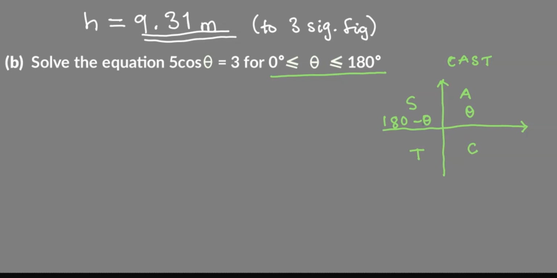In the third quadrant, we're just going to find the value of 180 plus theta, which is the angle in the first quadrant. In the fourth quadrant, we're going to find 360 minus theta, theta being still the angle that was there in the first quadrant. This information should be on your fingertips when you're looking at trigonometric equations.